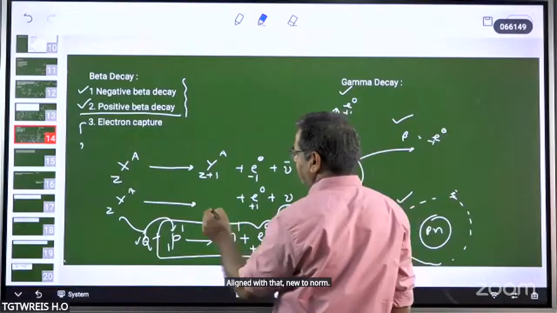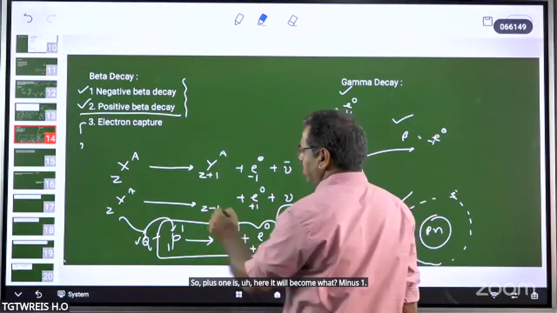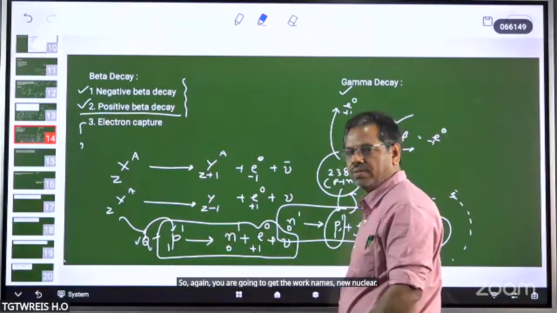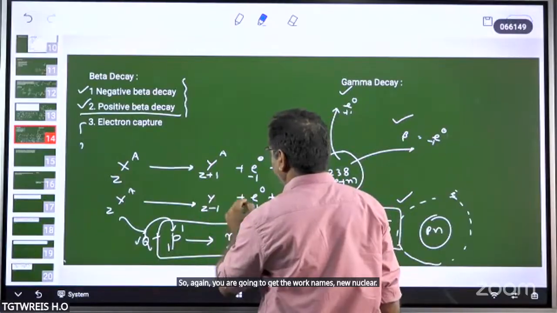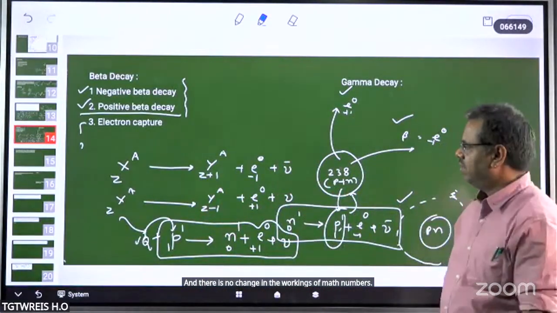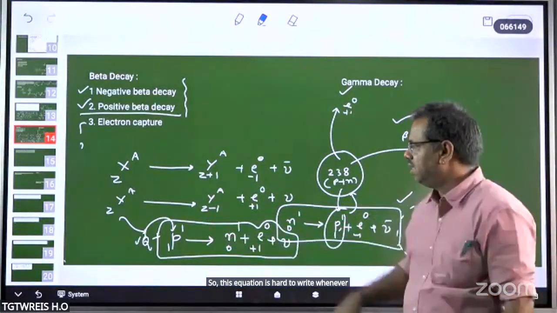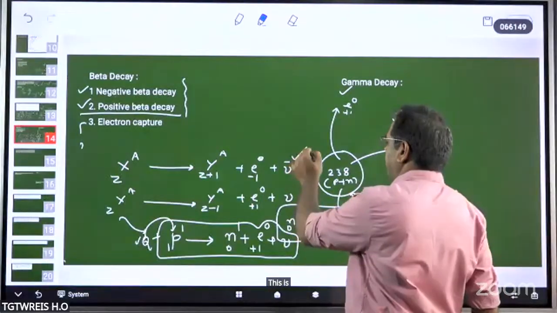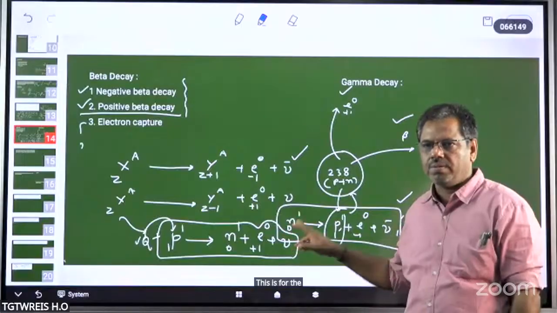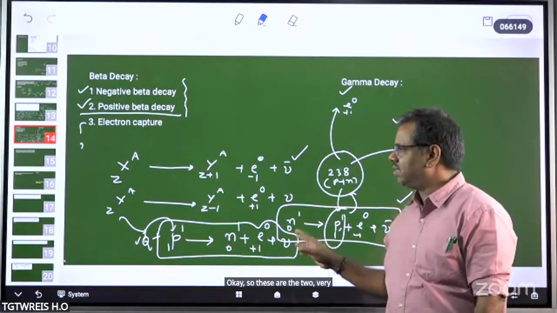So here +1 is there, and here it will become -1. So again you are going to get a new nucleus, and there is no change in the mass number. So this equation you have to write whenever you are asked. This is for negative beta decay. This is for positive beta decay. So these are the two important concepts.